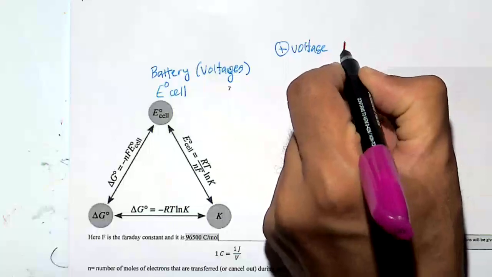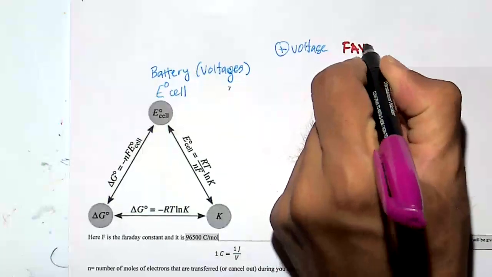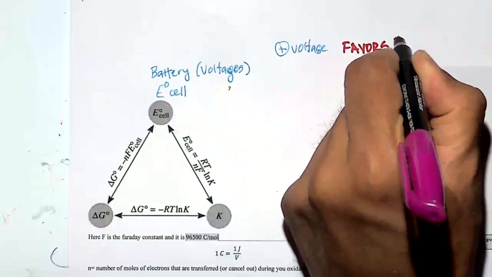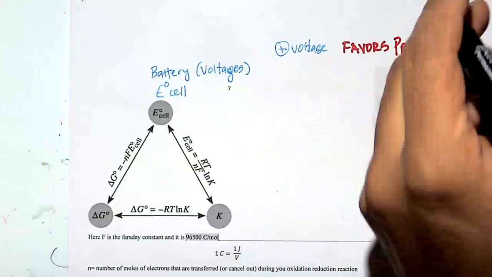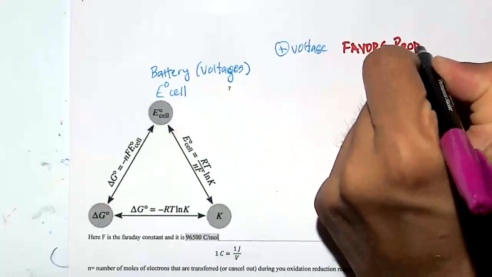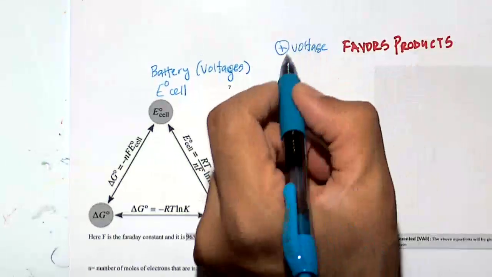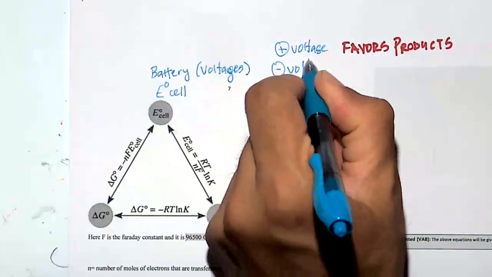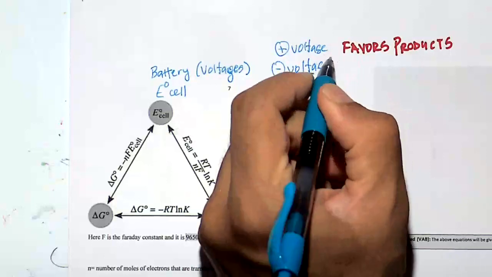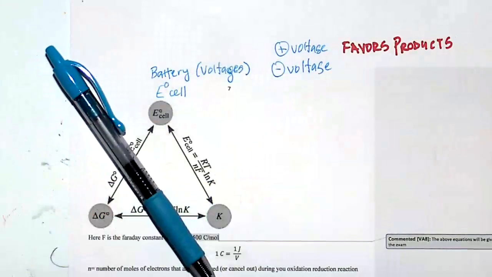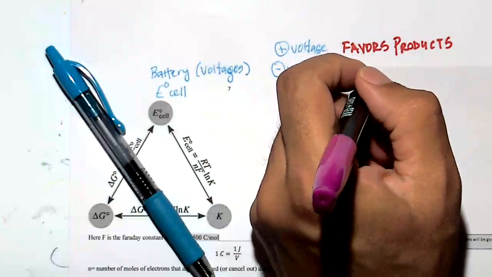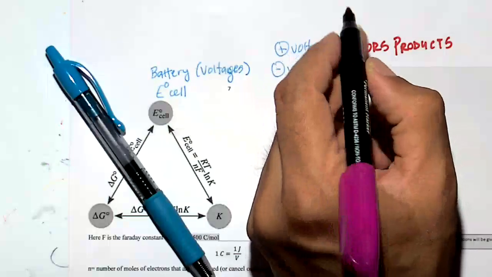So if you see a positive voltage, this favors the products. Okay, on the flip side, if you see a negative voltage in the reaction, in your electrochemical cell, this is a reaction that favors the reactants.